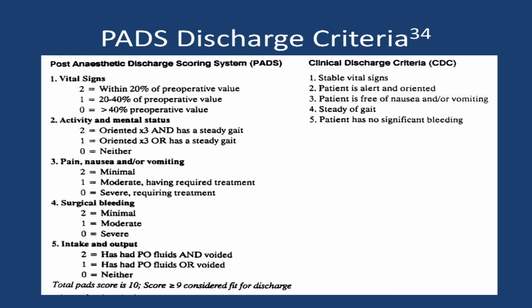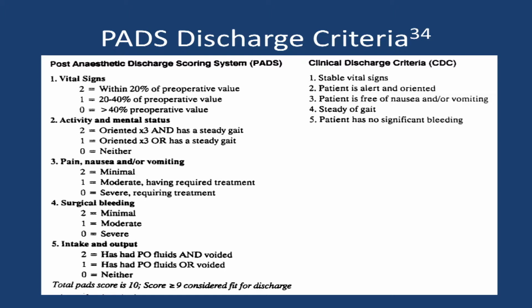Zofran, for example, 4 milligrams, is something that you could give to the child so that they stop having the nausea feeling. Also, Phenergan is a drug that can be used to help with post-op nausea. And 0 if they require treatment, such as giving them the medication Zofran or Phenergan to control their post-op nausea.